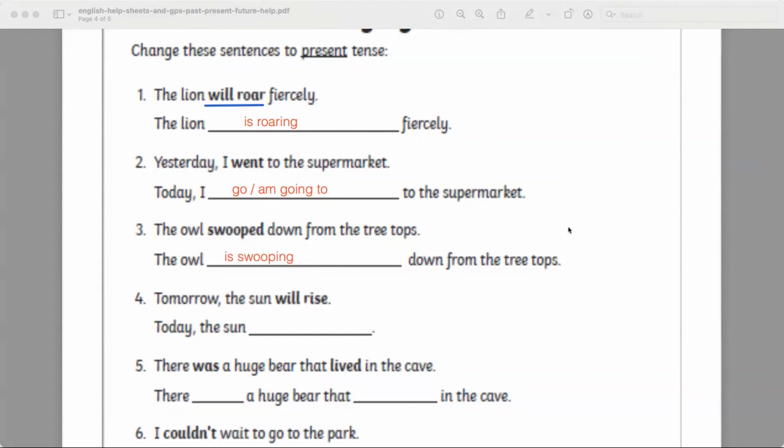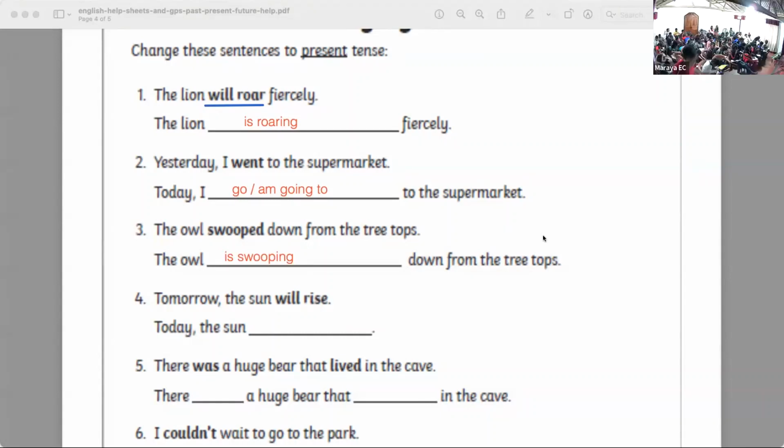Number 4, tomorrow the sun will rise. So how will that become? Emmanuel EC Hatton.